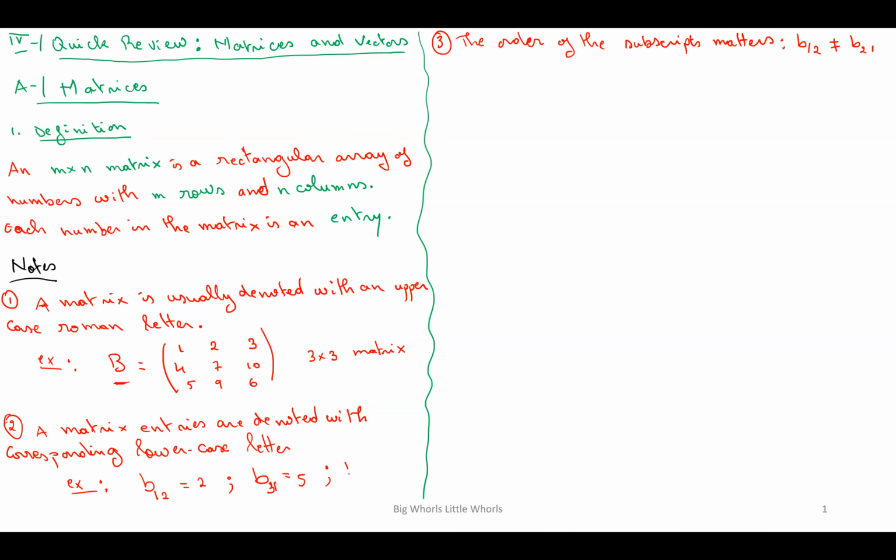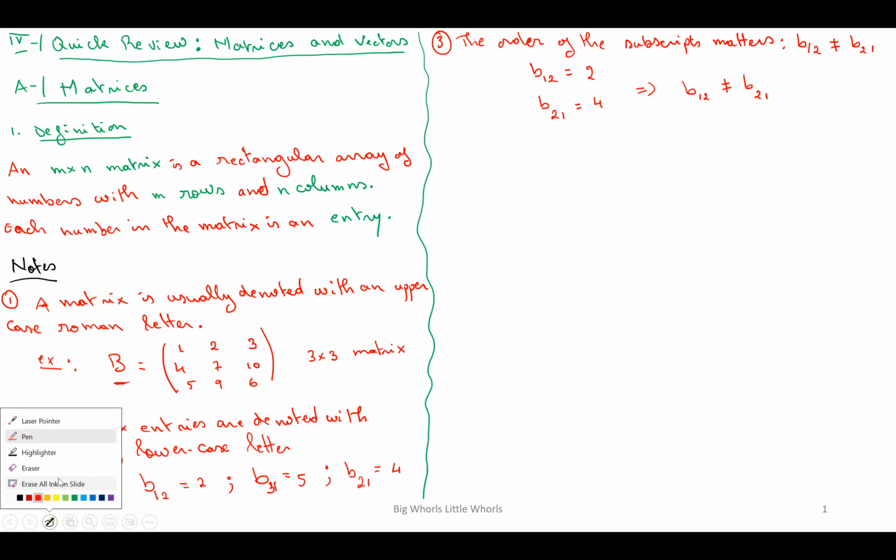Let me find B2,1: I want the element in the second row, first column, which is 4. So B1,2 equals 2 and B2,1 equals 4. Therefore, B1,2 is different from B2,1. So the order does matter.